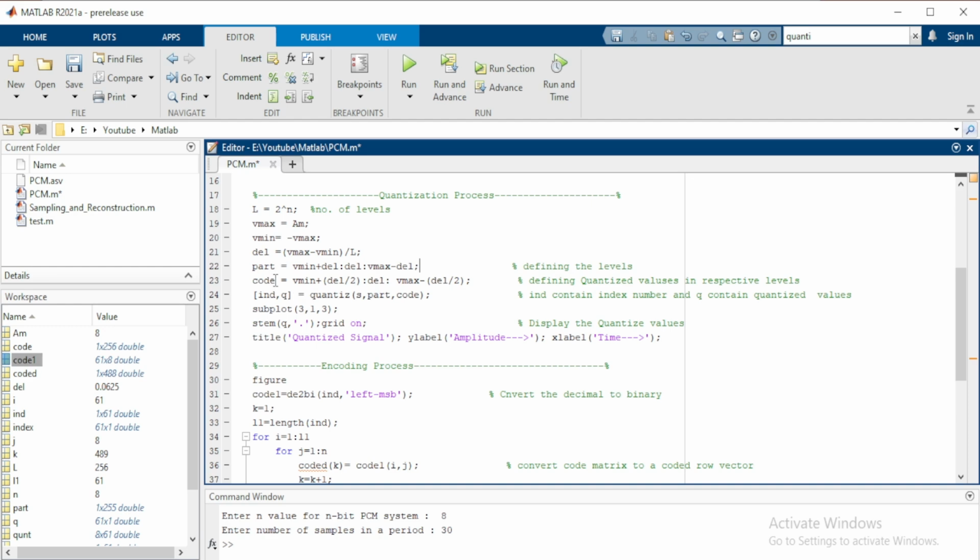Second, the codebook is actually the quantized values: how many quantized values there are and how to define them. It takes the partition and codebook and quantizes the value, and we plot the quantized value.